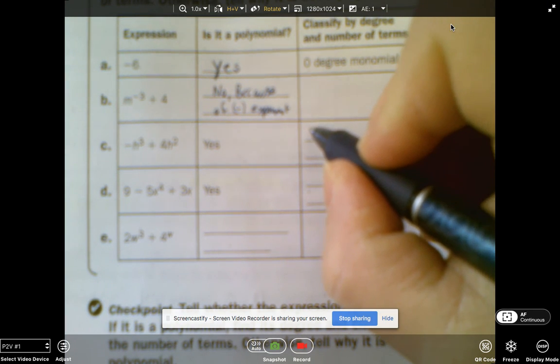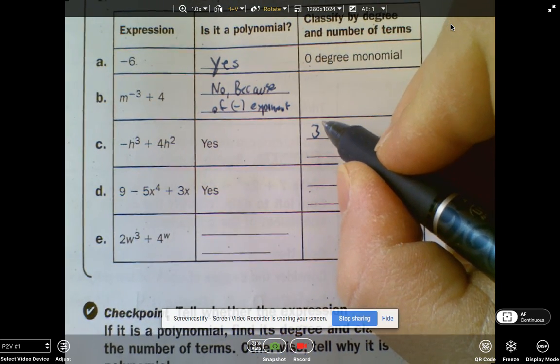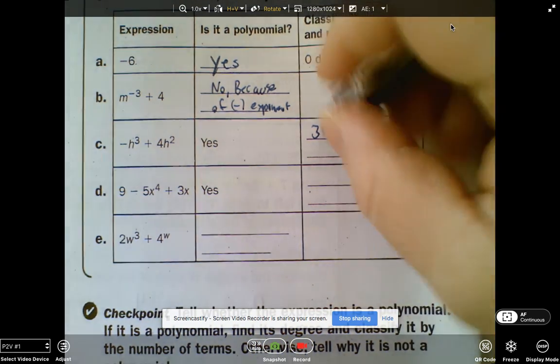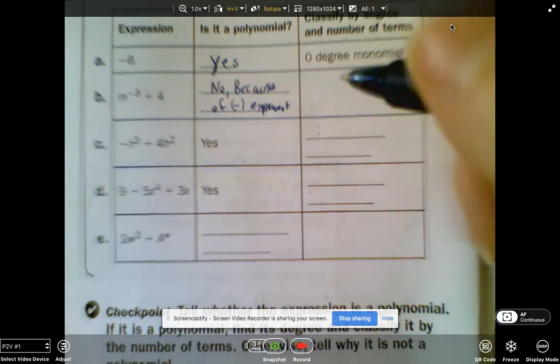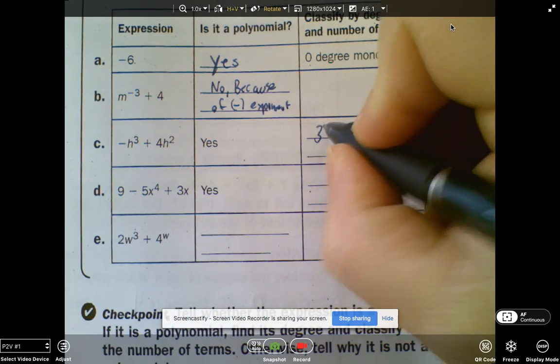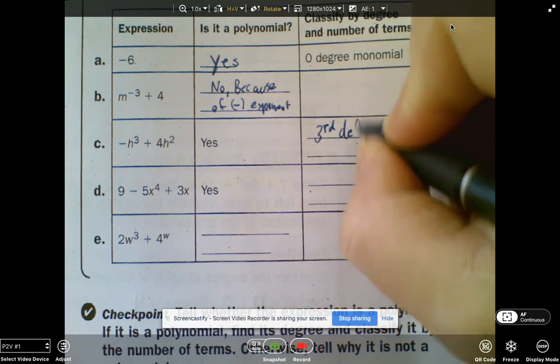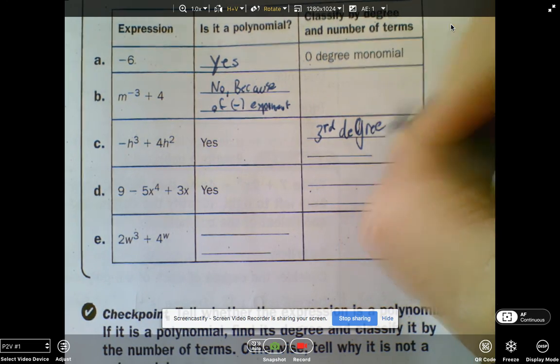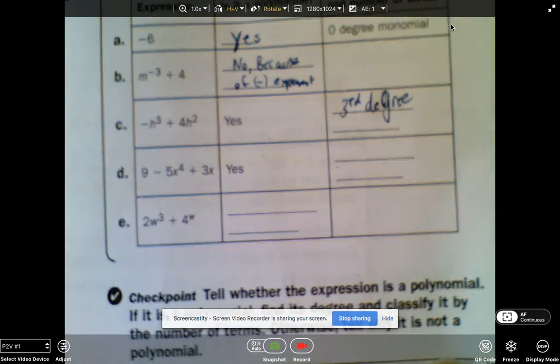So we'll put classify by the degree and number of terms. So degree 3, sorry. Sorry about that. The next one is a yes.